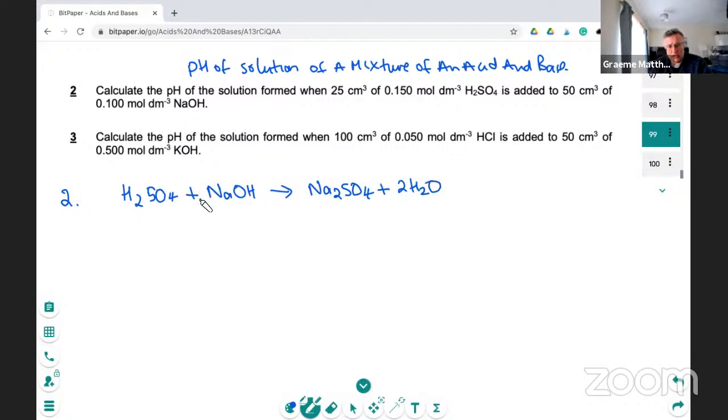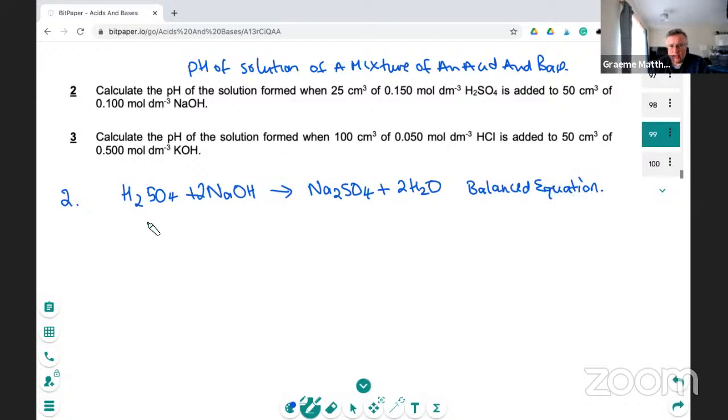So I need 2 of these to make everything balance out. The very first thing I do, chemists, is write down the balanced equation like this. On the exam, sometimes they give you the equation and sometimes they don't.